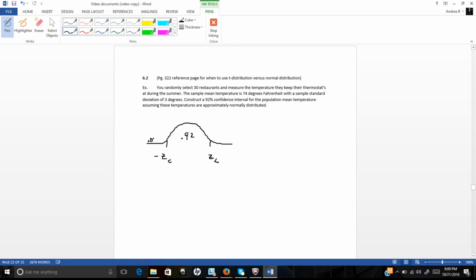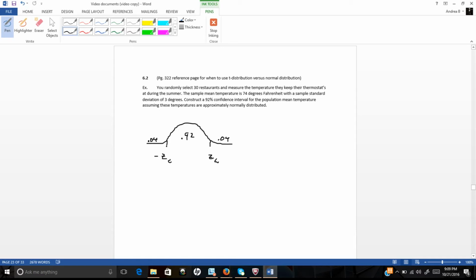So that would mean 0.04 on this end and 0.04 on the other end. Because remember, underneath the entire curve, it needs to add up to a total of 1, just like with probabilities, because these areas are also probabilities underneath the curve.